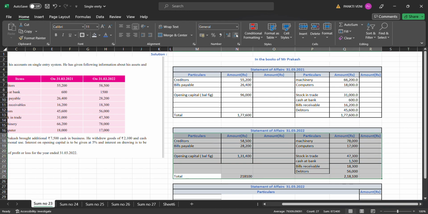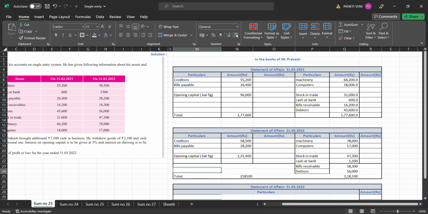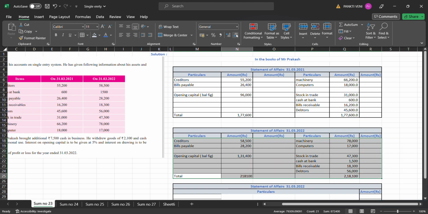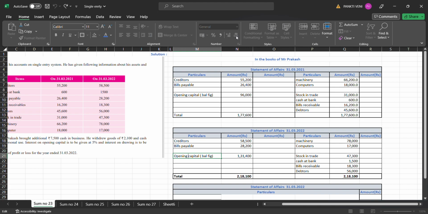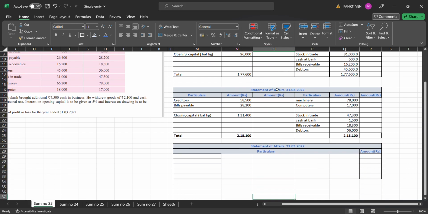Then we'll take the next one. Here we have closing capital. Okay, please complete this much. Then we'll go for statement of affairs.